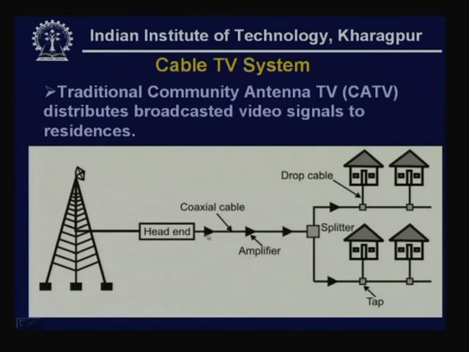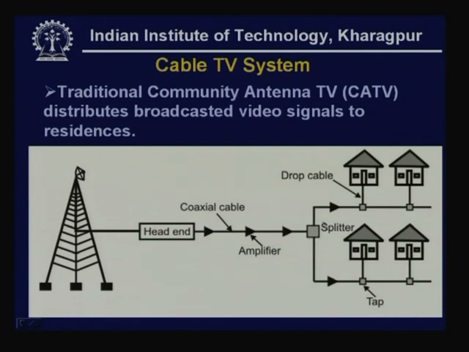And this cable distribution system, as you can see, can have a number of amplifiers, because the signal strength gets attenuated as the signal goes from the head end towards the residential complexes. So, you can have a large number of amplifiers.